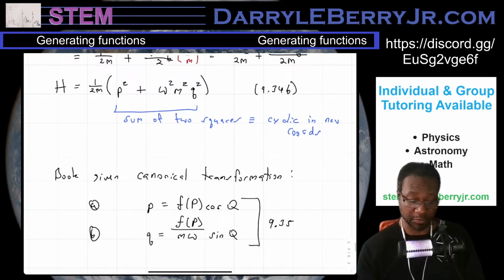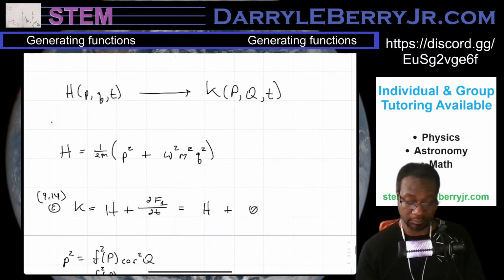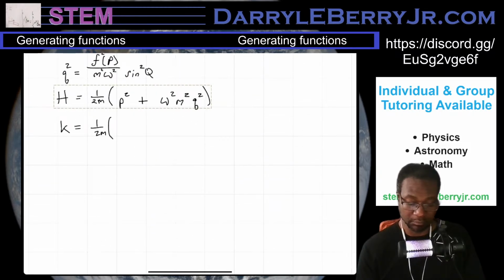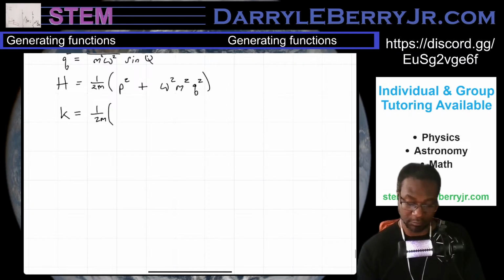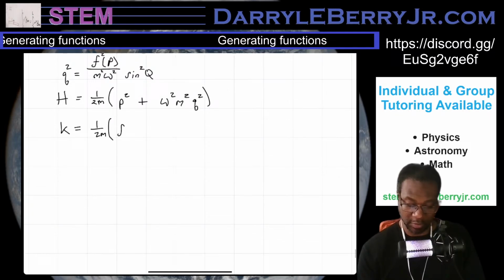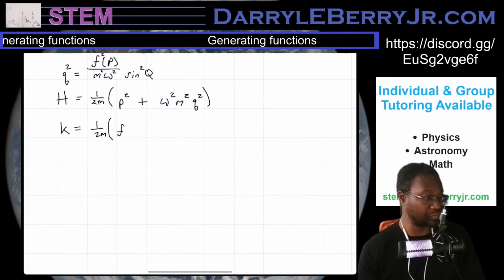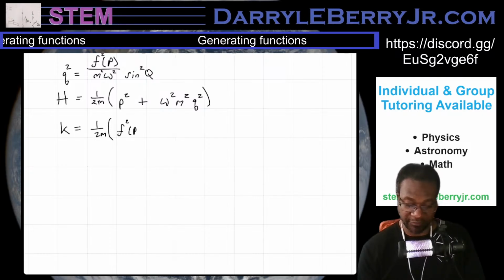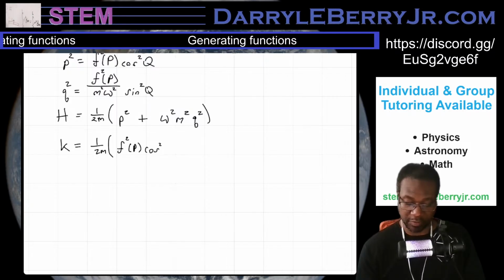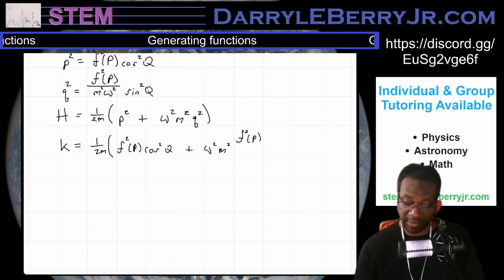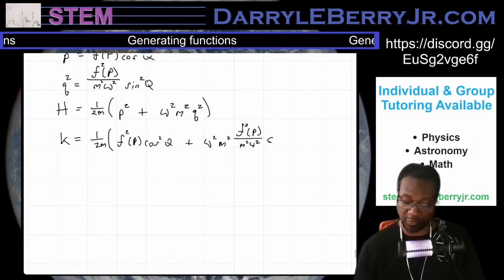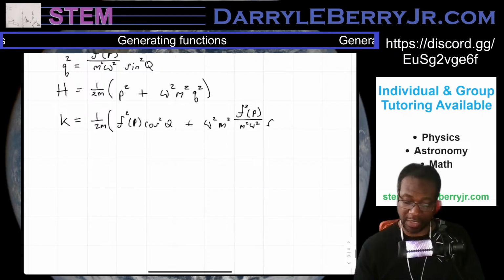Let me just copy it down so I don't scroll as much. f squared of P cosine squared Q plus omega squared m squared f squared of P over m squared omega squared sine squared big Q. That's why they have the m squared omega squared in the denominator, to cancel those out.